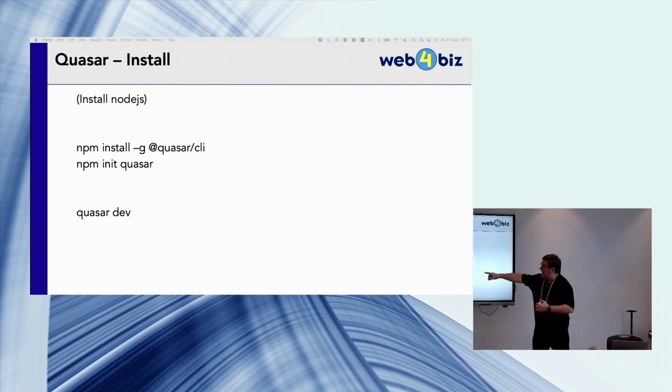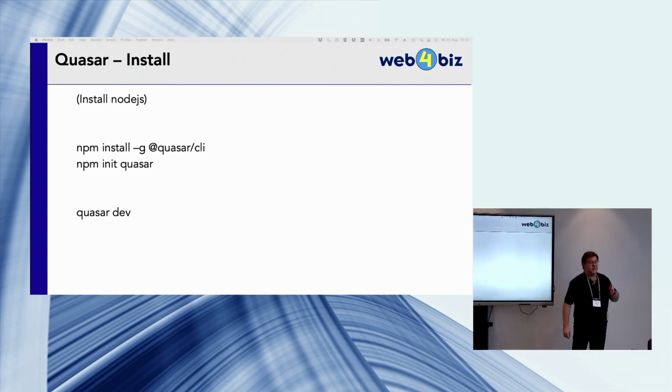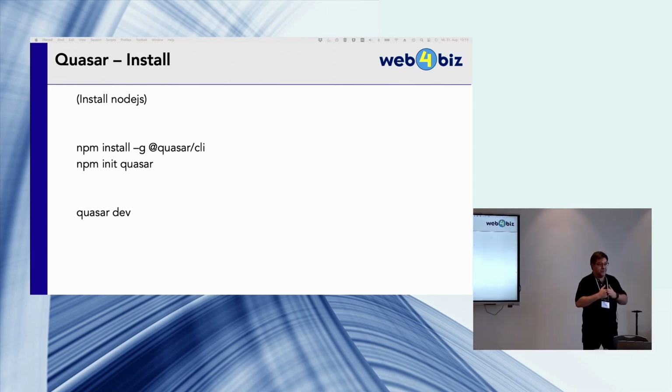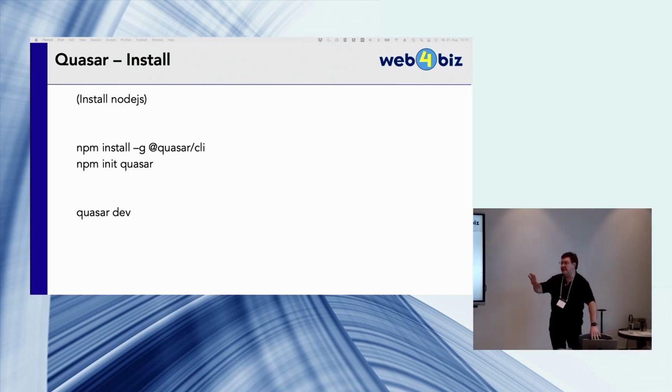Then npm init quasar from the directory you're starting from. It automatically asks you a few questions, uses the name of the project as the subdirectory name, creates a subdirectory from where you are, and then you have the structure.